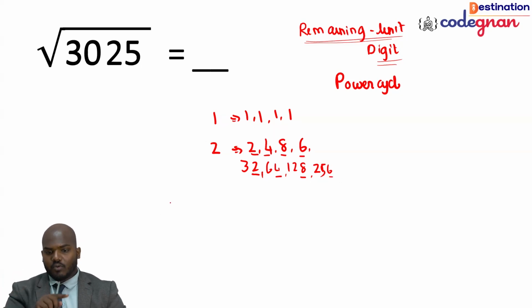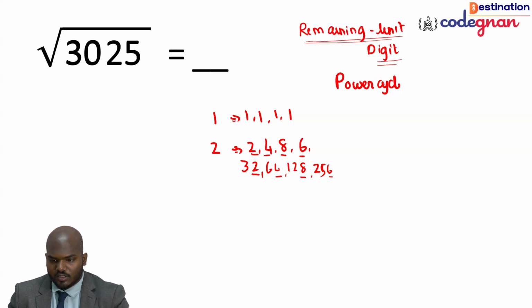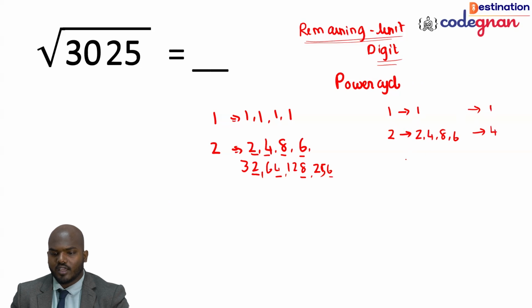The cycle will keep on repeating, so we call it a power cycle. For the number 1 we have only 1. For the number 2 we have 2, 4, 8, 6, so the power cycle here is 4.